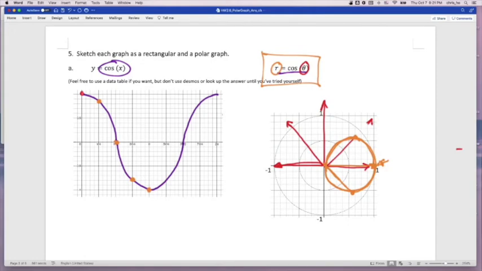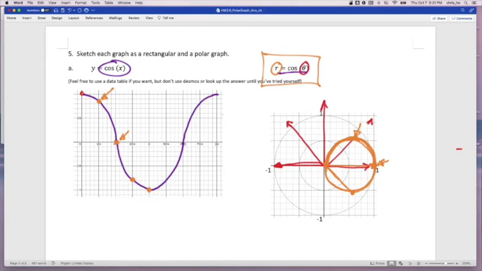And then we go to vector angle of pi over 4. That would be this right here, so that corresponds to this point. And then as it approaches 90 degrees, the vector length shrinks down to 0.